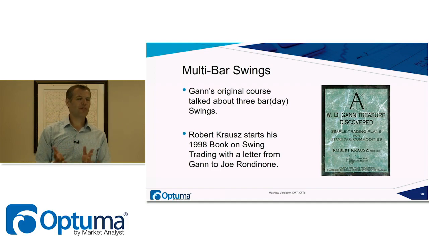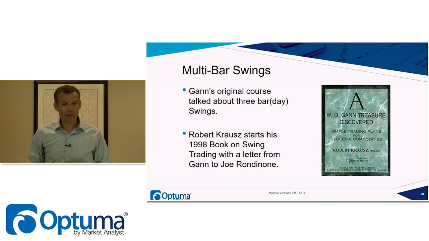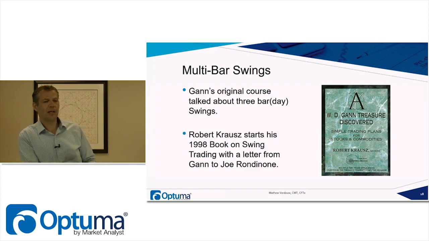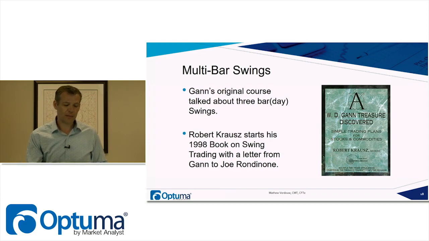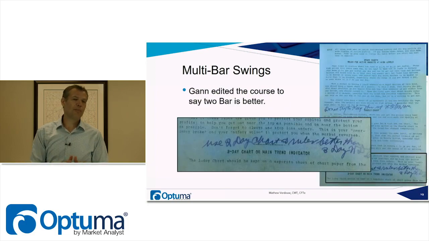But he prefaced this book with a letter from Gann to Joe Rondenone. Now, Joe was, as far as we understand, Gann's last student, the last student living at the time. I think he's passed away now. But he had all this material that Gann had sent him over the years. And there was one thing that came up, and this is what's reproduced in the preface of that book.